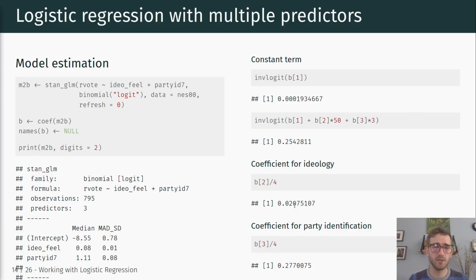So right at the center, around where the probability is around 0.5, right? Around that point, a 1 unit increase in ideology is associated with approximately a 0.02 change in the probability. Or in other words, keep in mind, we're talking about comparisons here.